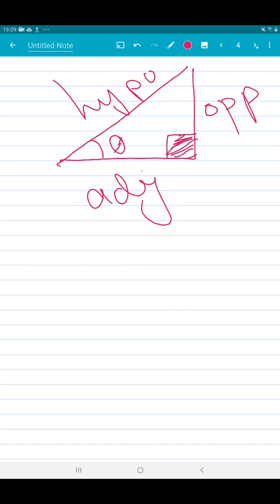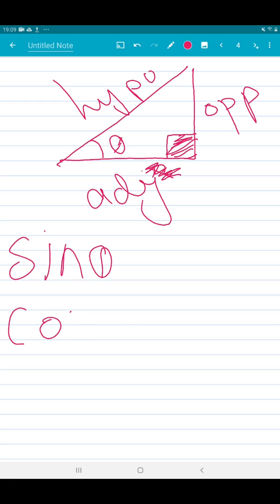There are 6 trigonometric ratios, but in this class we will learn just 3. A right triangle can be formed from the initial side x and terminal side r. Sine theta, cosine theta and tan theta.